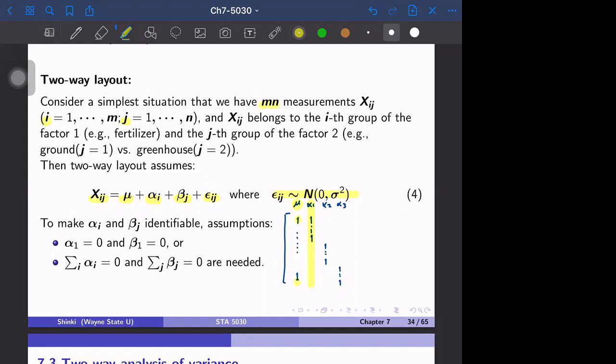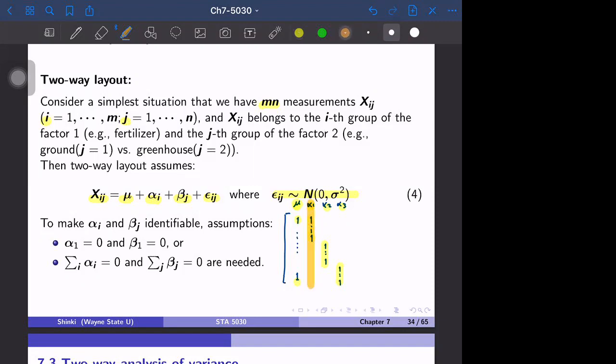And if we think about alpha 1, alpha 2, alpha 3, the indicator variables for the first, second and third level of the first factor, then the vectors become this. In this case, the summation of the indicator variables for alpha 1, alpha 2 and alpha 3 becomes the intercept. So one variable is redundant, so we have to remove one of them.